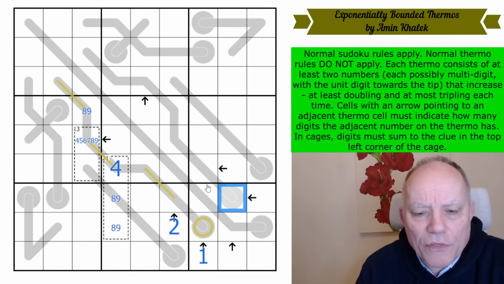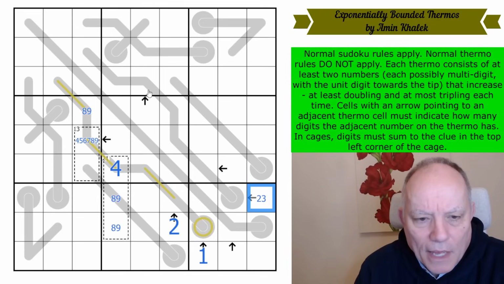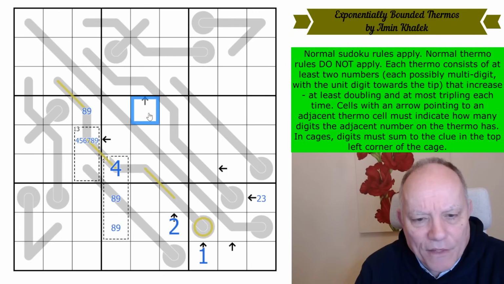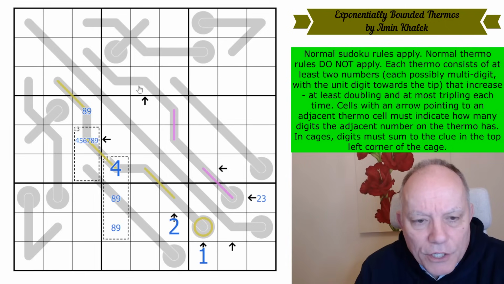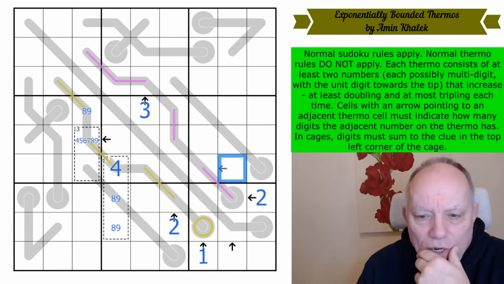So this is either 2 or 3 long. And this cannot be part of a 4 because of that 4 in the box. This can't be another 4. So this line must go 2, 2, 3. We'll do that in pink. 2, 2, 3. And now we can fill in this digit as a 3 and this digit as a 2. And that one is a 2. It's pointing to the same.